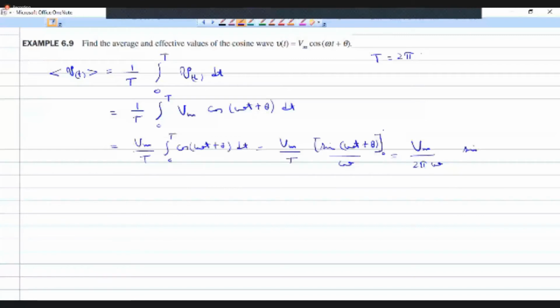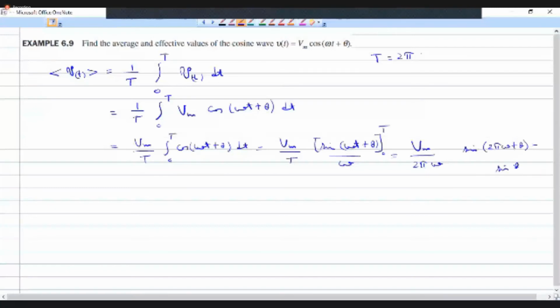So sine of omega into 2 pi, so this is 2 pi omega plus theta, minus sine theta, right? So when I substitute small t is equal to capital T, which is nothing but 2 pi, I'll get like this, right?